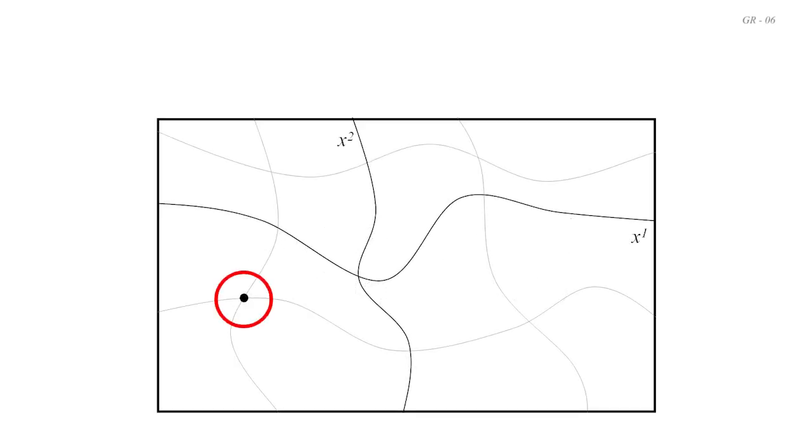At a single point in 2 dimensions, of course, these 4 values would be fixed at particular values for that situation. And if we were to home in on that point, we would see that even with curvilinear coordinates, the coordinate lines could be said to be straight in that infinitesimally small region.